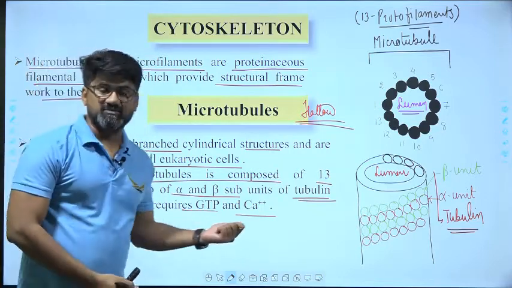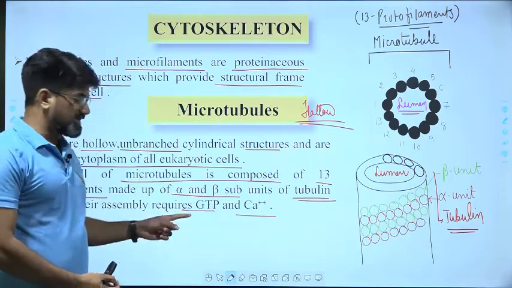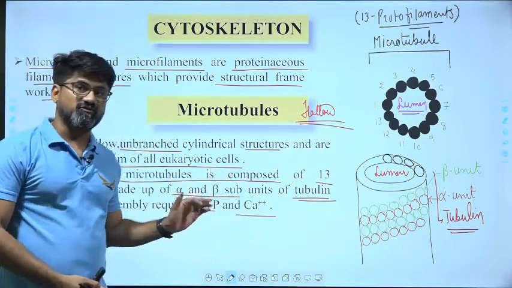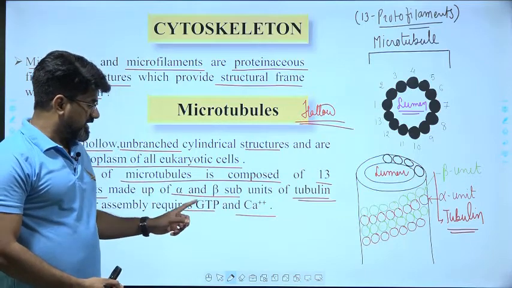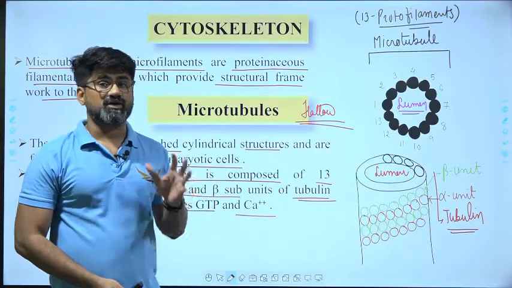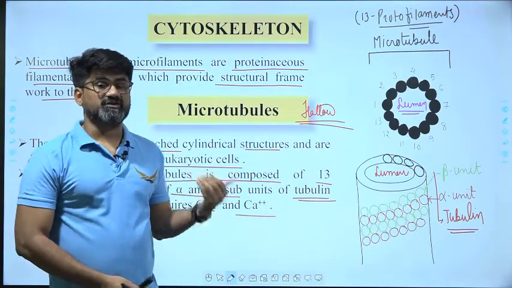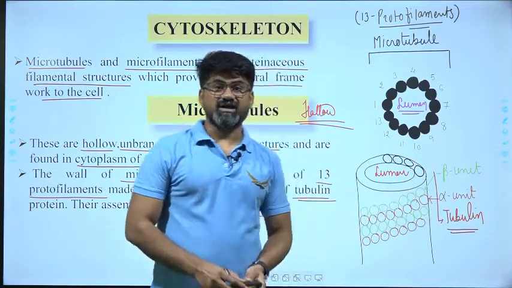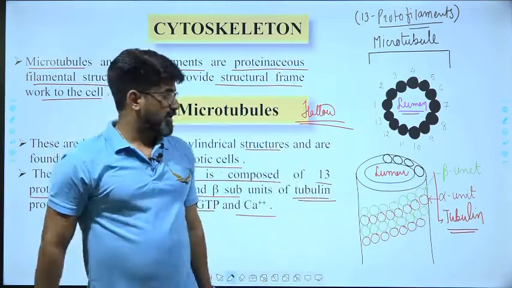That is also an energy molecule like ATP, but here the difference is that GTP has the nitrogen base guanine instead of adenine. Okay, so GTP and bivalent ion calcium plus 2 are the two substances required for the association of alpha and beta subunits to form the entire microtubule, right?